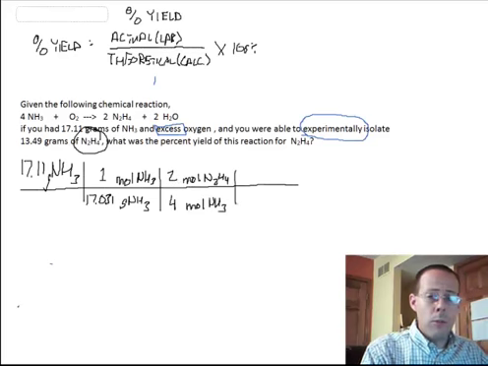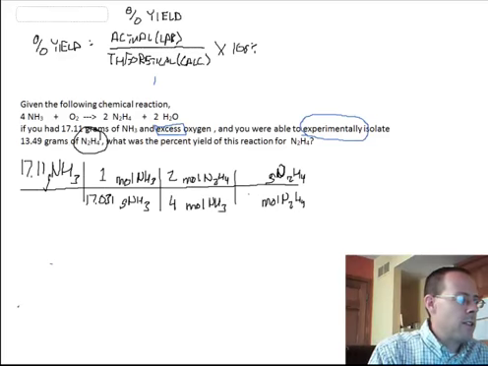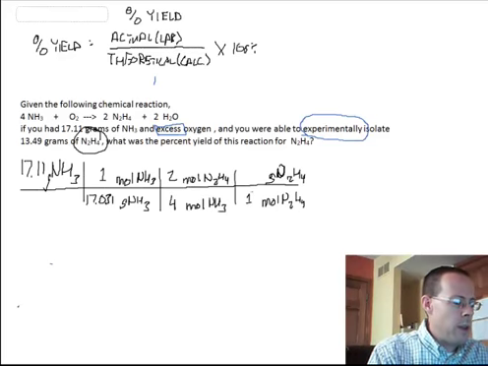And then lastly, we don't want moles of the product, but we want grams of the product. So we're going to go from moles of N2H4 to grams of N2H4. Again, we have moles and mass in the same fence post, so it's molar mass. So 1 mole of N2H4 weighs how much?